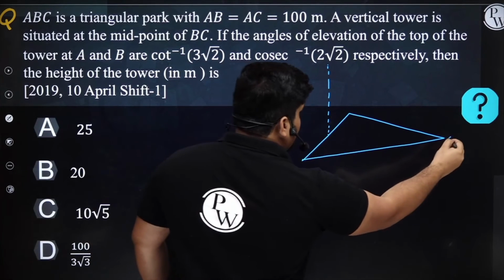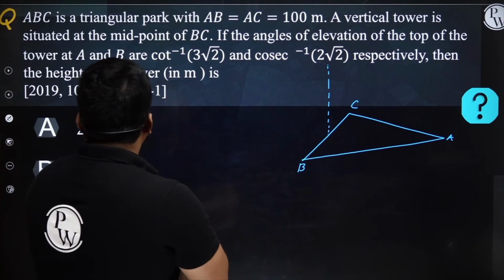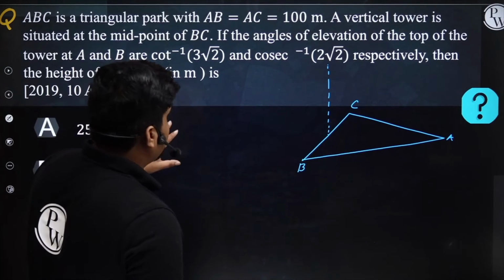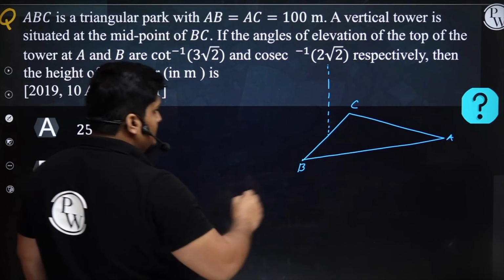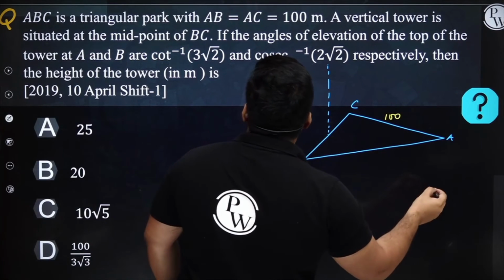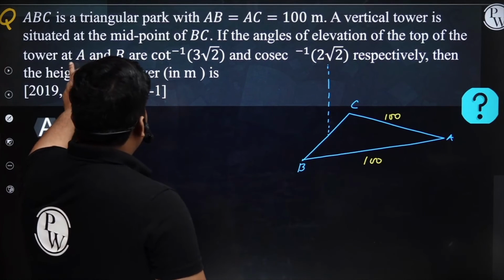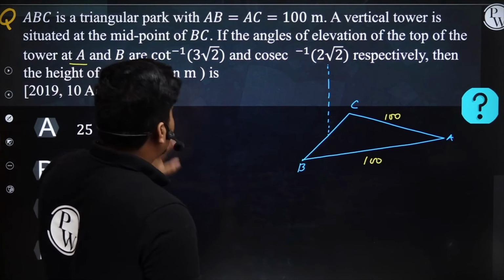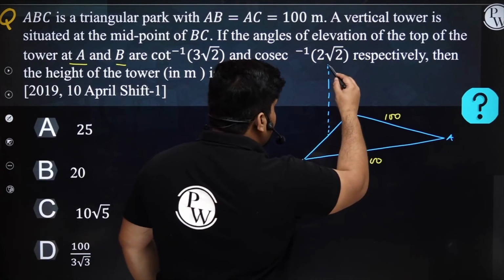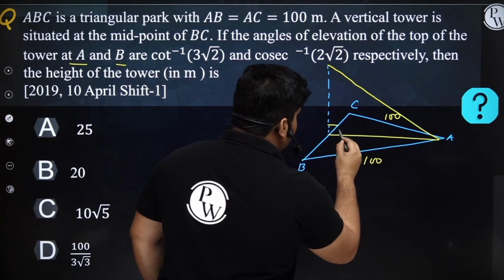So this is A, this is B and C. The tower at A and B: from A and B, the angle of elevation is known. This is 100, AC is 100, AB is 100. And from A, if I join this, you can see this angle is going to be 90.